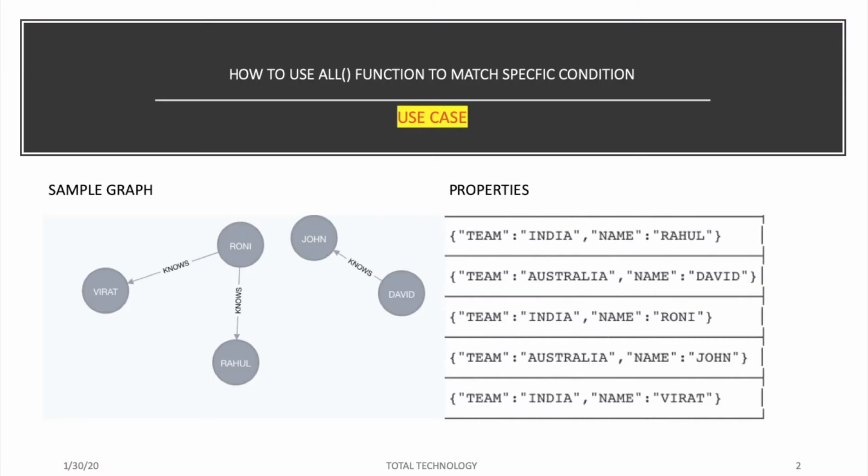So for today's topic I'll be using this sample graph. Let me explain this. For this pattern there are three nodes, where Ronnie is connected to Virat, from Ronnie towards Virat, and the relationship name is nose.